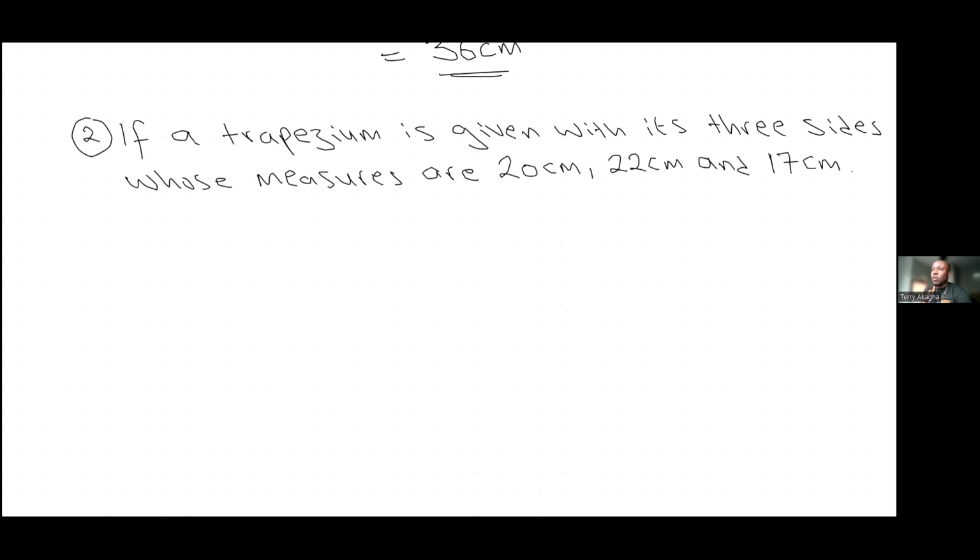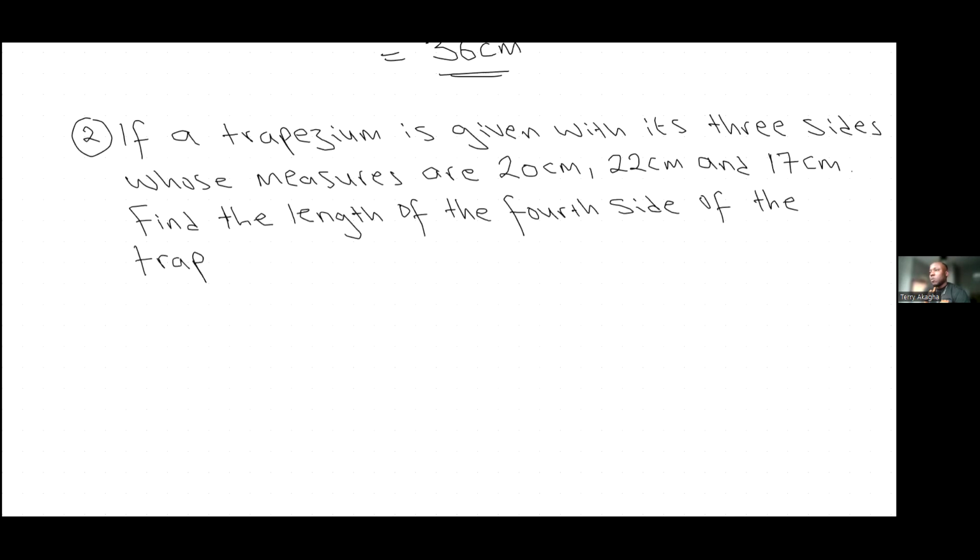We need to find the length of the fourth side of the trapezium if the perimeter is 70 centimeter.